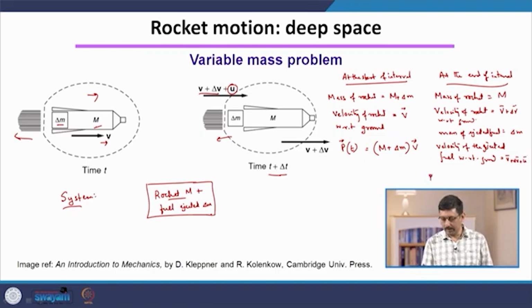Then we can write down the momentum of the full system at the end of the interval at t plus delta t.